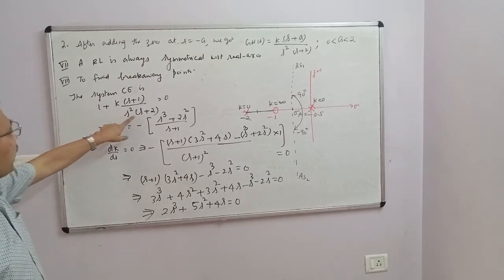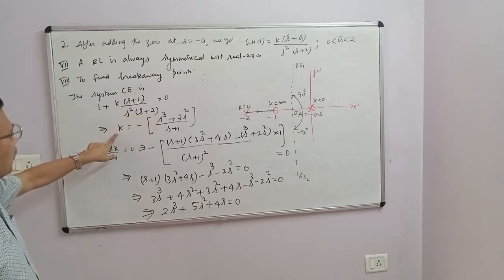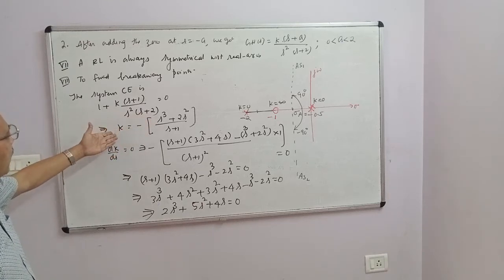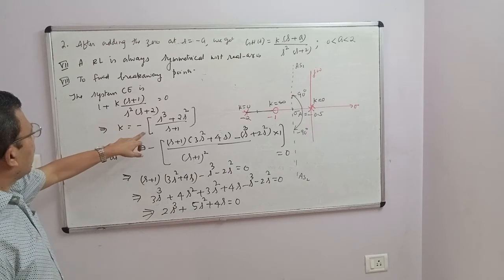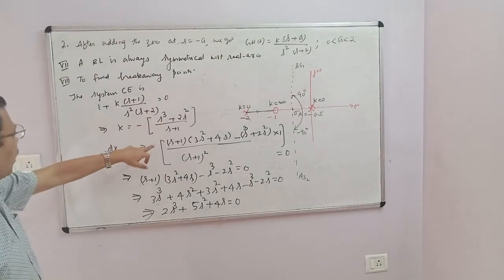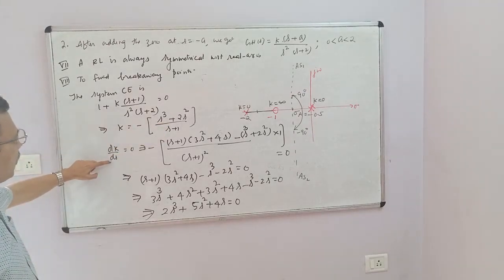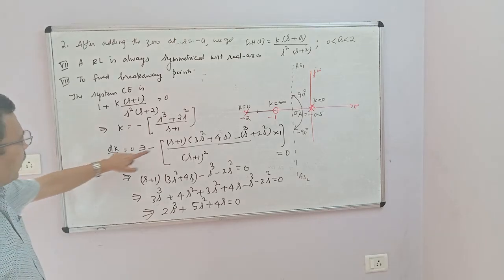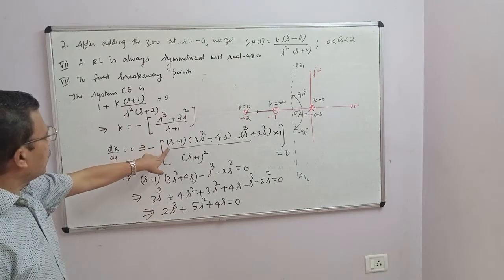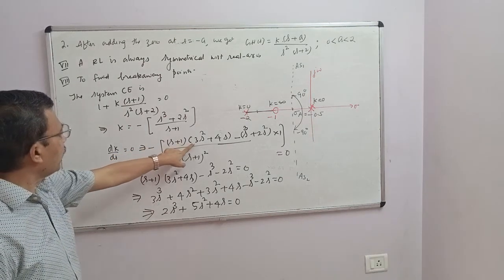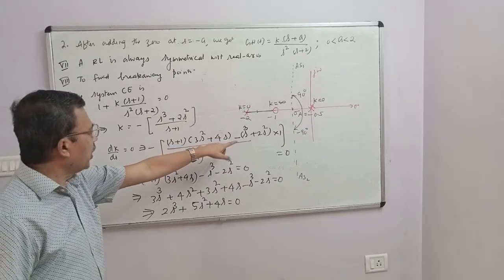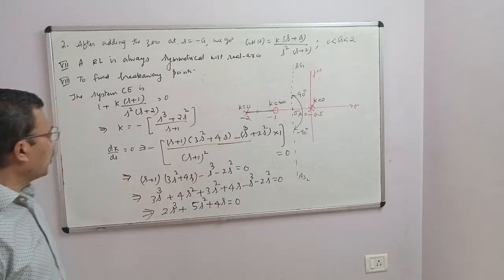See, what I have done is, the system characteristic equation is 1 plus k into (s plus 1) by s square into (s plus 2) is equal to 0. I found the value of k. K is minus (s cube plus 2s square) divided by (s plus 1). dk by ds is equal to 0 gives you (s plus 1) into the differential of the numerator minus numerator into differential of the denominator equal to 0.